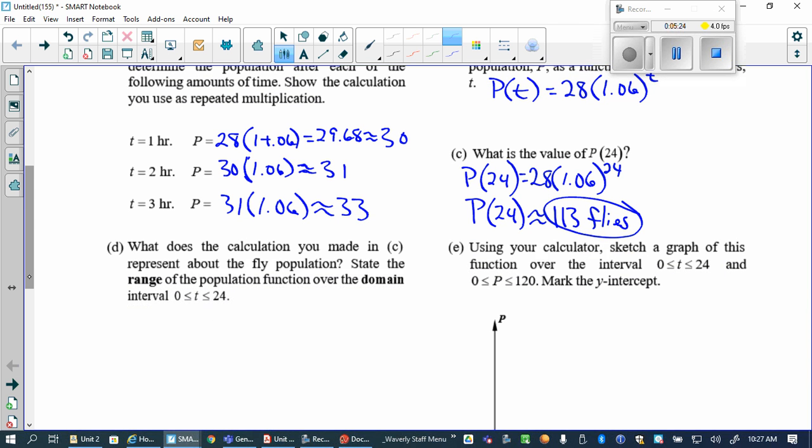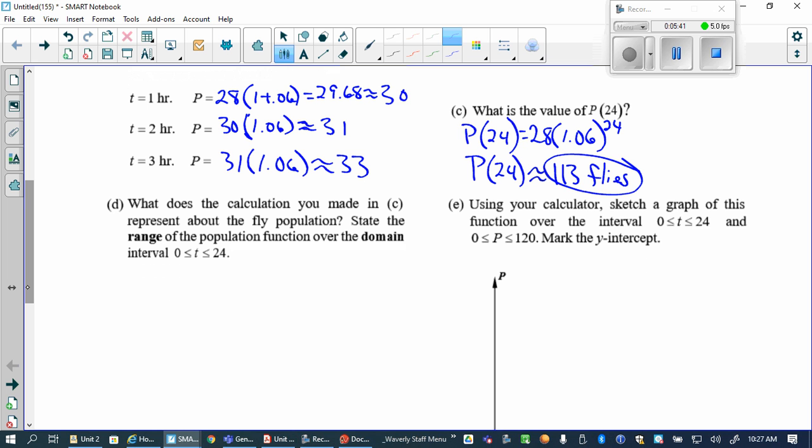What does the calculation you made in C, 24 hours, 113 flies, represent about the fly population from 0 to 24 hours? How long is that actually? 24 hours equals 1 day, right?